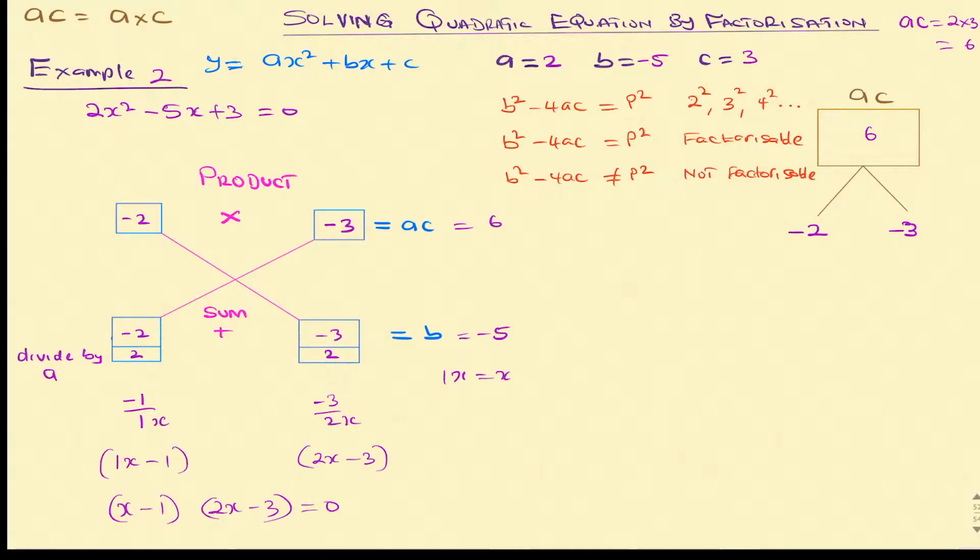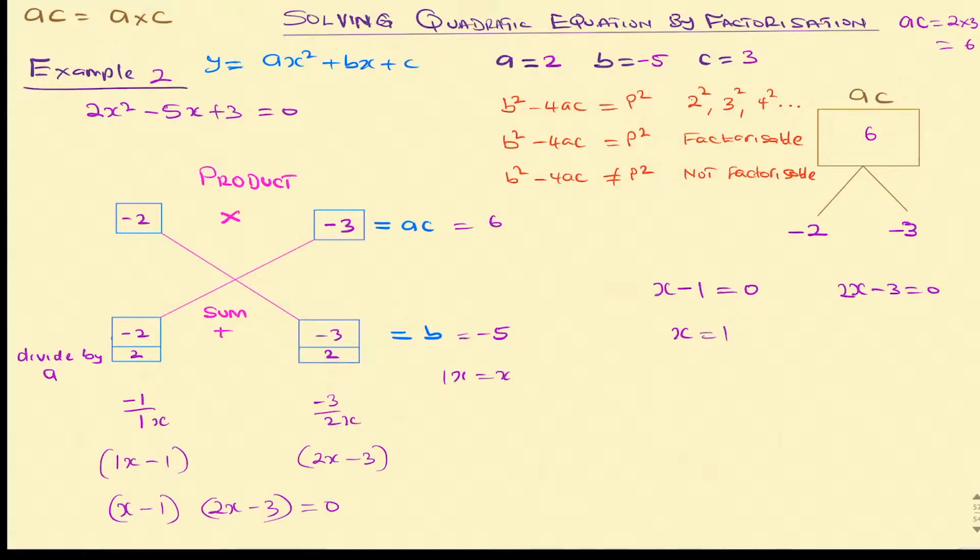Now we're going to set each factor to 0. So x minus 1 equal to 0, 2x minus 3 equal to 0. In the first factor, add 1 to both sides, x equals 1.